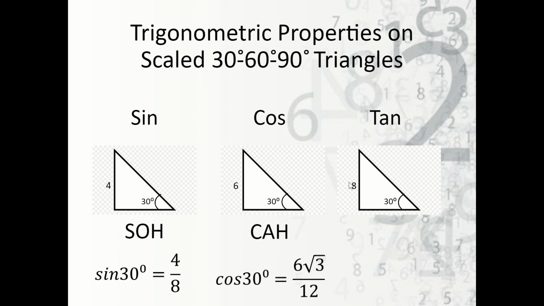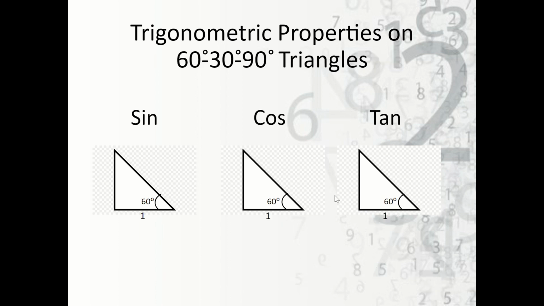Now this one we've scaled by 8. And we're trying to find the tangent, which is opposite over adjacent. So if this is scaled by 8, then we have to scale this one by 8 as well. So that's 8 times square root of 3. So we should end up with the opposite, which is 8, over 8 square root of 3. And those should be our answers.